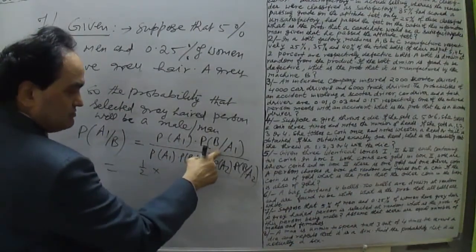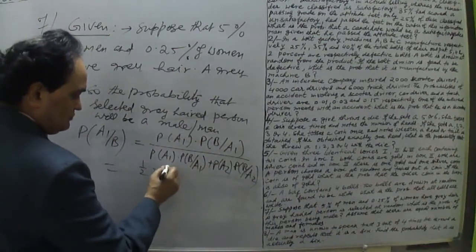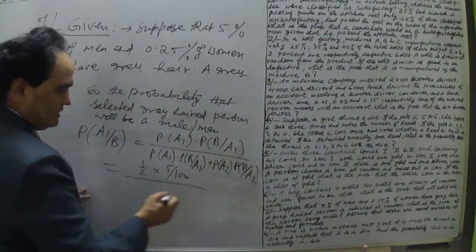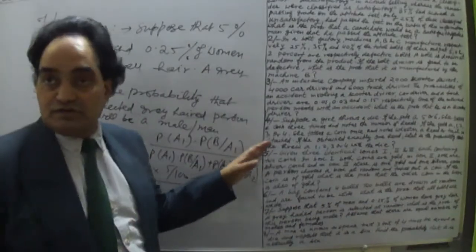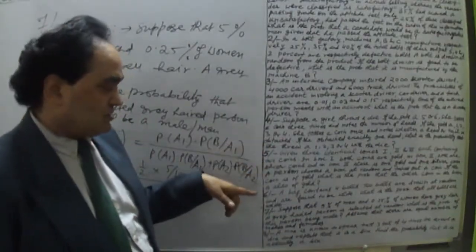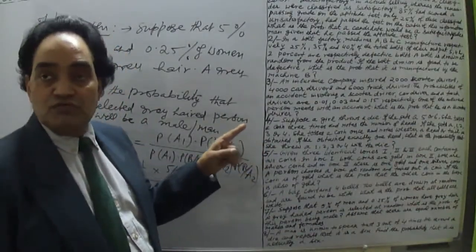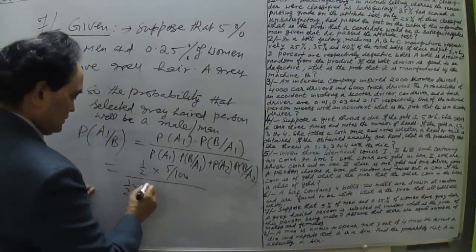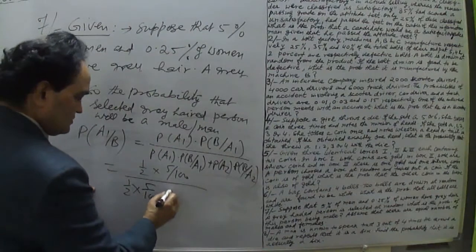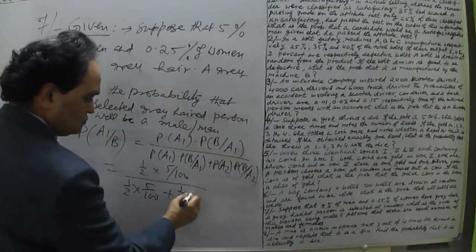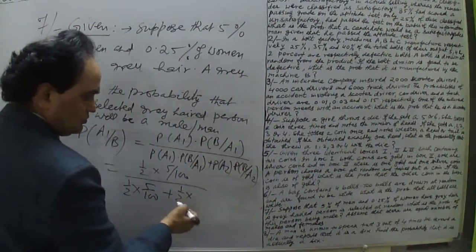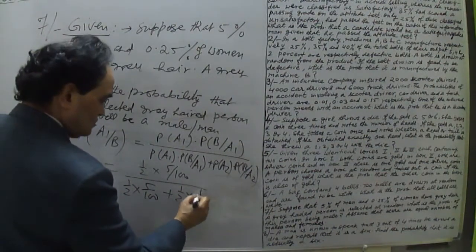Selecting a gray haired male is given to us as 5 upon 100. Likelihood probabilities are already given. This is 1/2 into 5 upon 100 plus 1/2, because a female is selected with probability 1/2, into 1 upon 400.